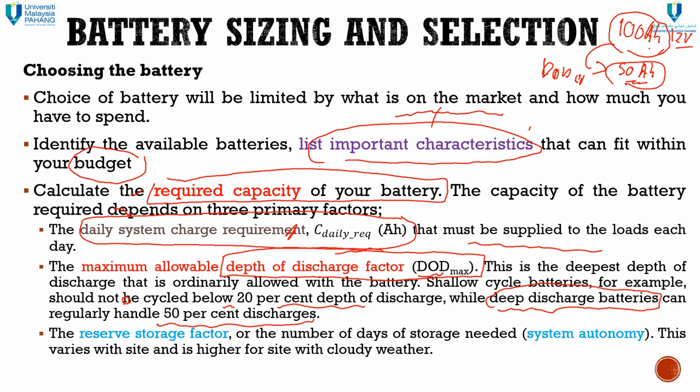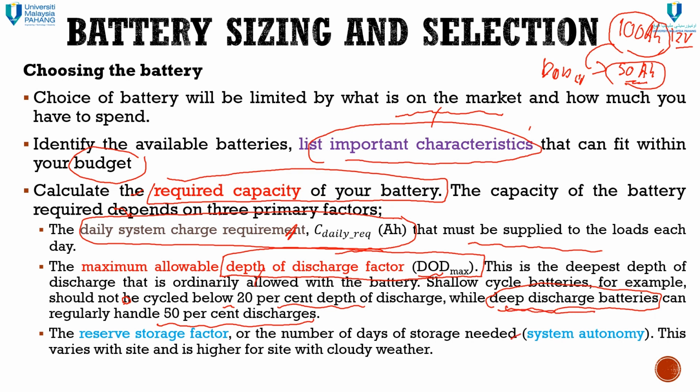Okay. You can safely discharge to half, 50%, slightly over that maybe 60%, 50 to 60%. But the safest side to be considered for the deep cycle DOD for the lead acid battery is 50%. Okay, what is the meaning of deep cycle?